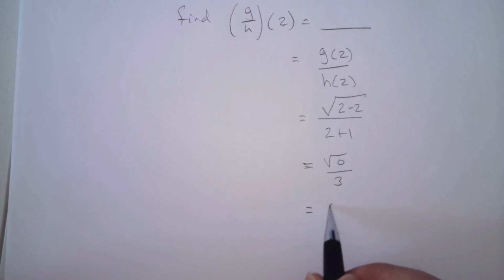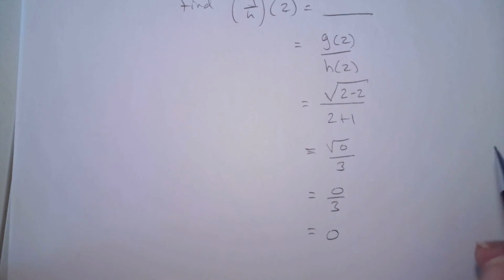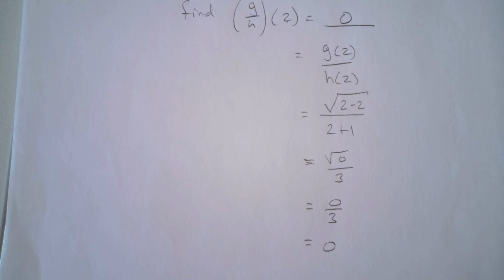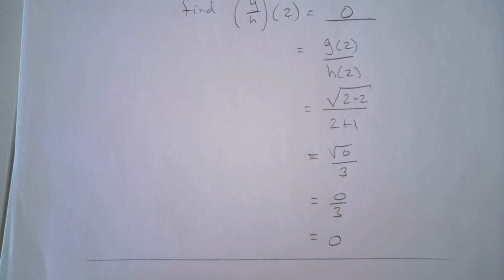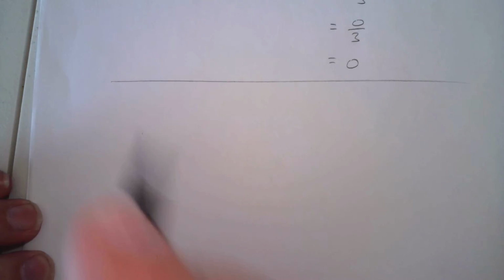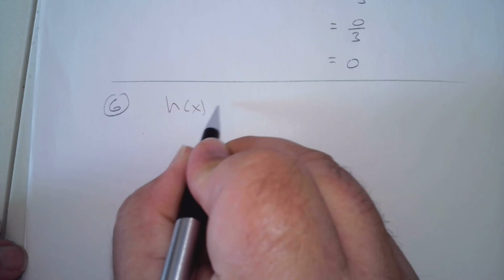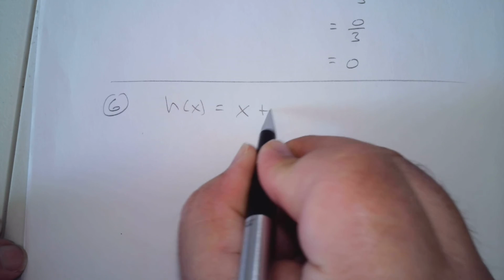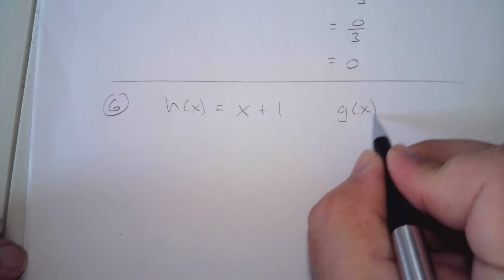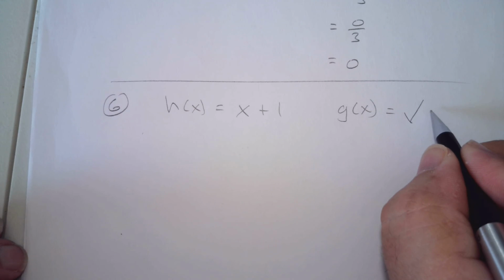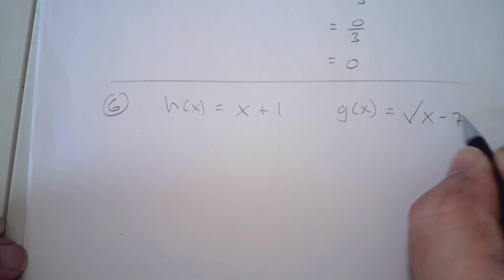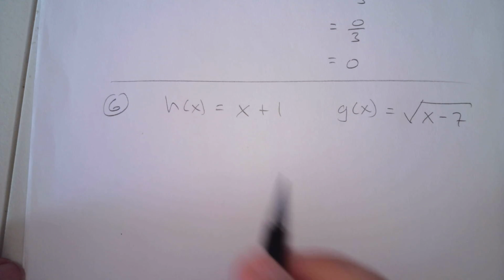Square root of 0 is 0. 0 over 3 is 0. So that's your answer. So we can always do a precursor look at the functions and see if our domains can be satisfied. If either one of them does not exist, then the whole thing's not going to work.